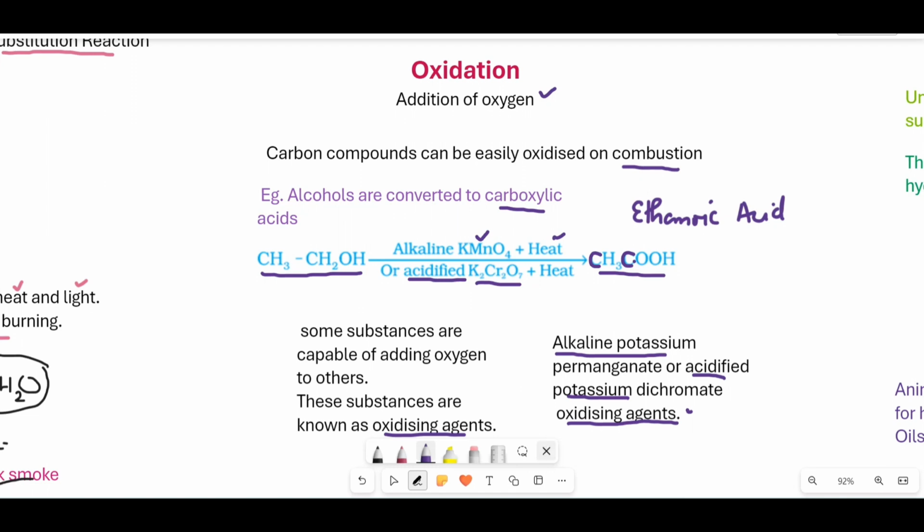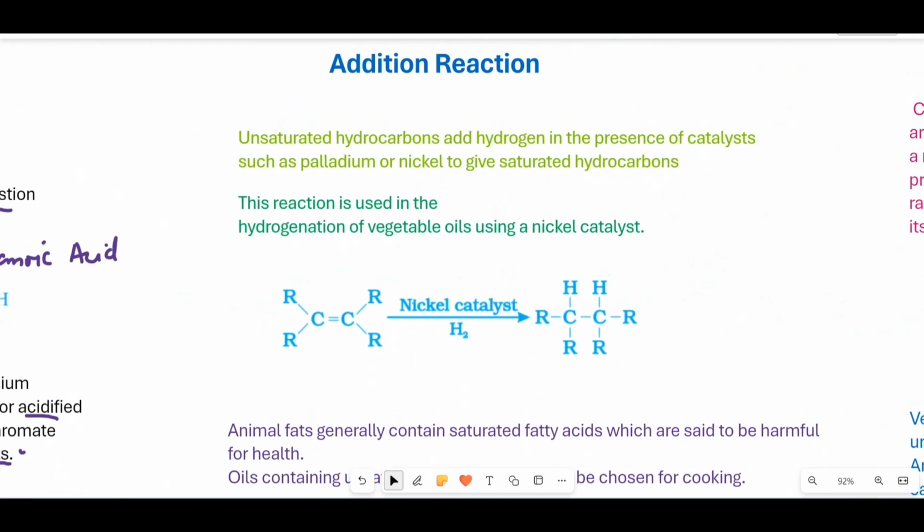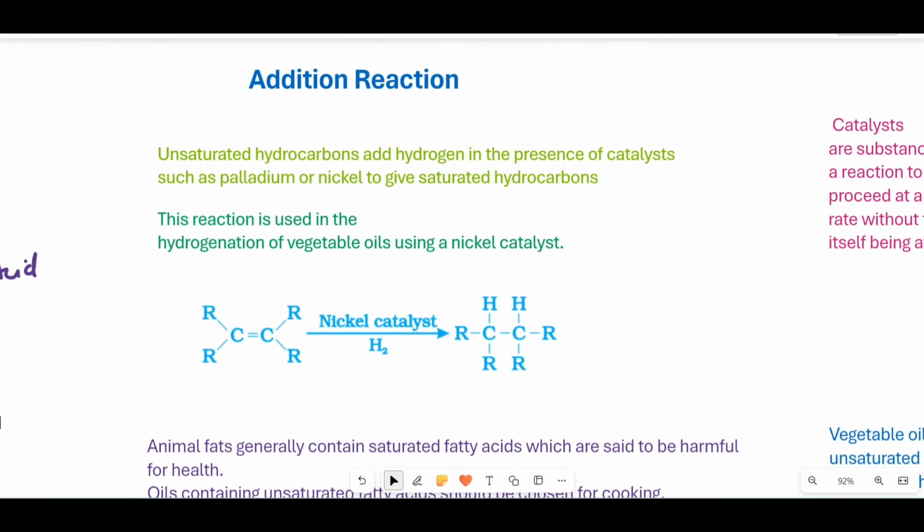Now the next reaction is the addition reaction. Addition reaction, as the name indicates, is adding something to carbon compounds. But one important point you have to note is that only unsaturated hydrocarbons undergo addition reaction.